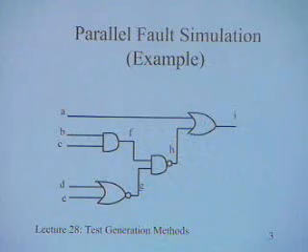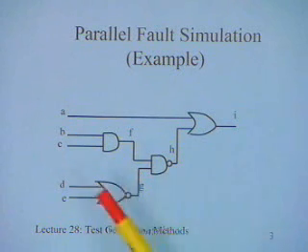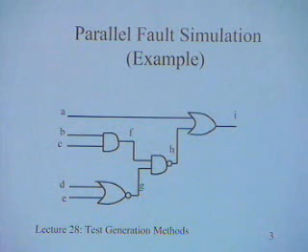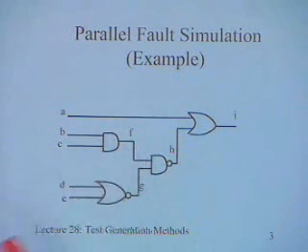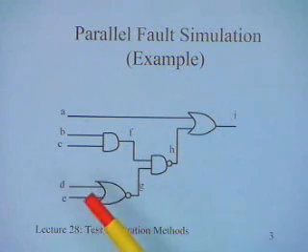So here I have a circuit which contains 4 gates. It has 5 inputs A, B, C, D, E. Whatever I am doing right now, I am doing at the gate level, but it is not very difficult to see that I can also replace them by more complex modules. What I really need is the input-output functionality, how the inputs and outputs are related, and I can also have more complex modules.